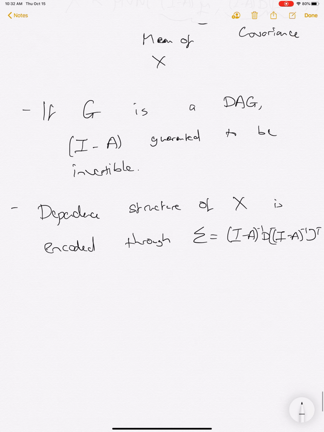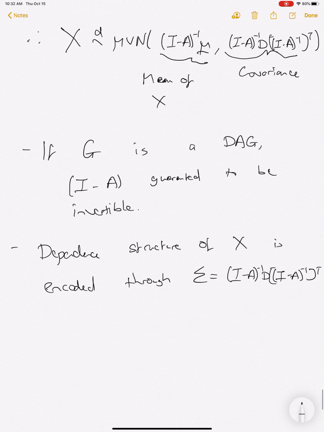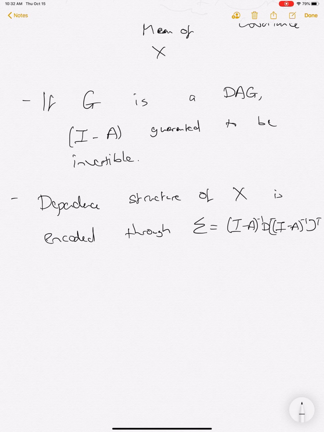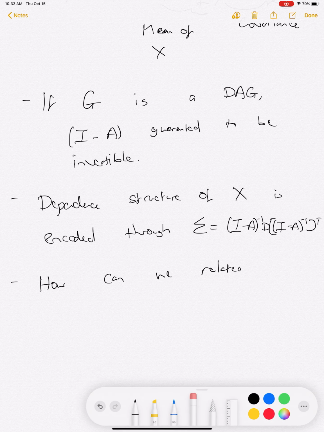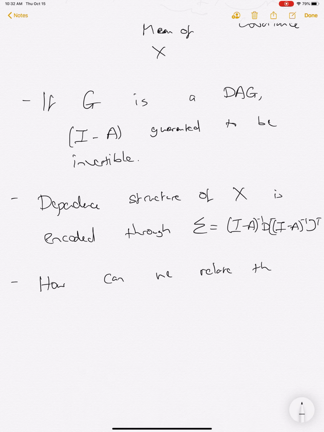And again, this is all fairly abstract at this point. So the question is how can we relate this to conditional independence or factorization or what we've learned so far?